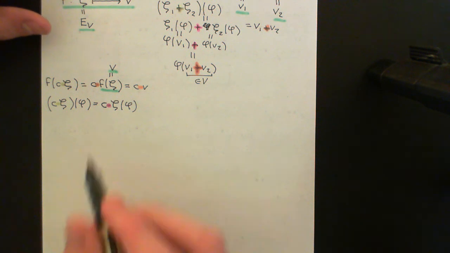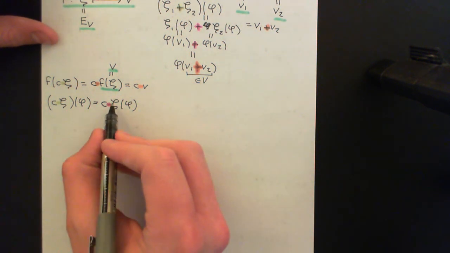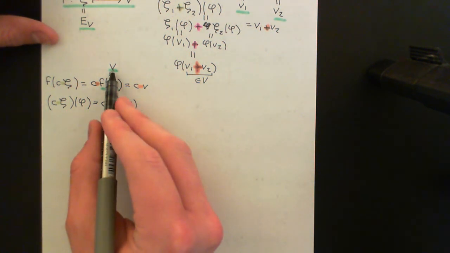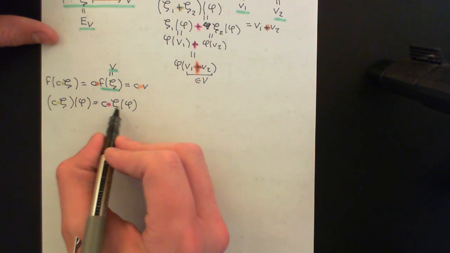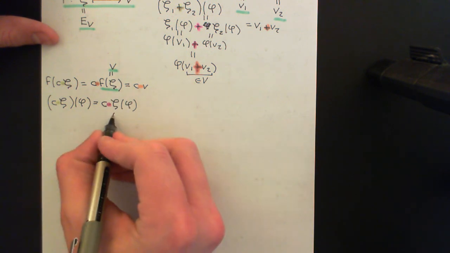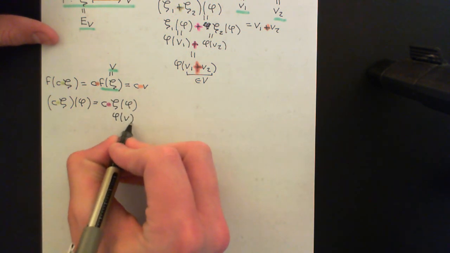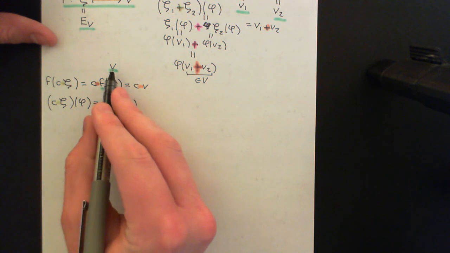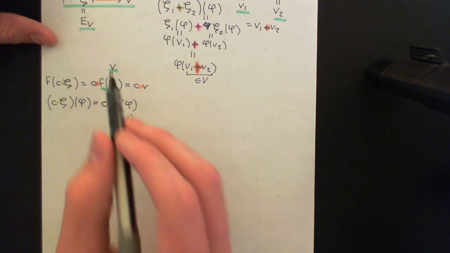Now, zeta of v. We've already said that zeta is going to be associated with the vector v, so that means that zeta of v is just going to be phi evaluated at v, because zeta is just the evaluation function for this vector v here.